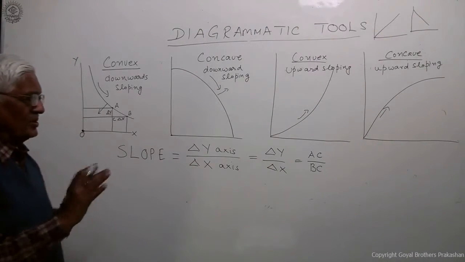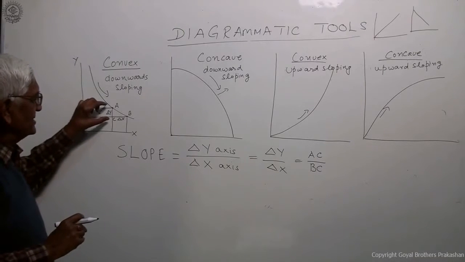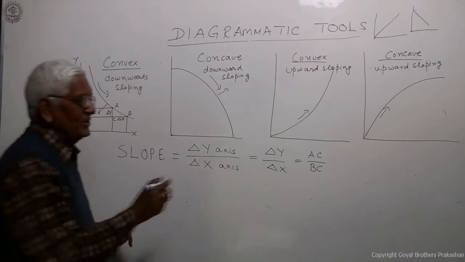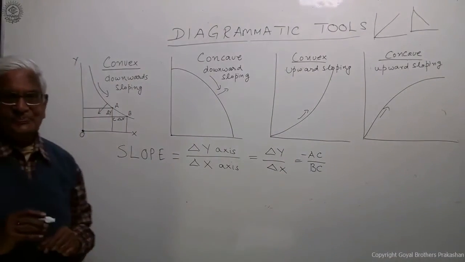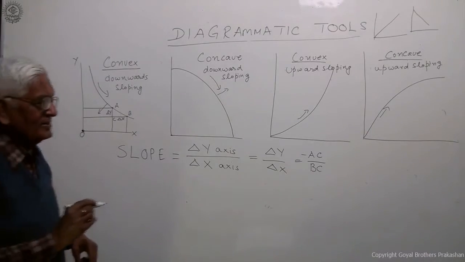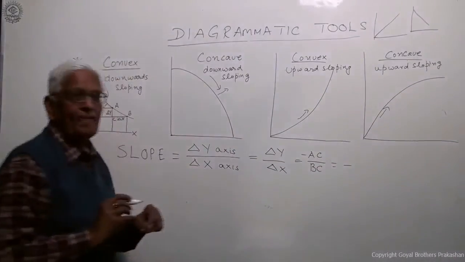Now we should be careful about one more thing here. Remember, AC is fall in Y. So it should normally be minus AC. And the answer should also come in minus.